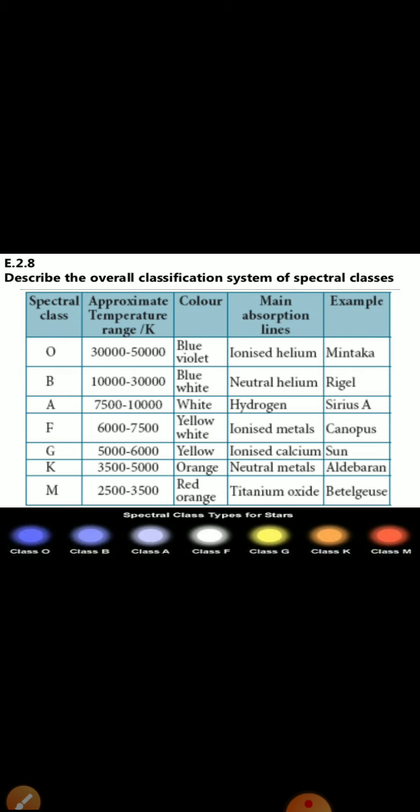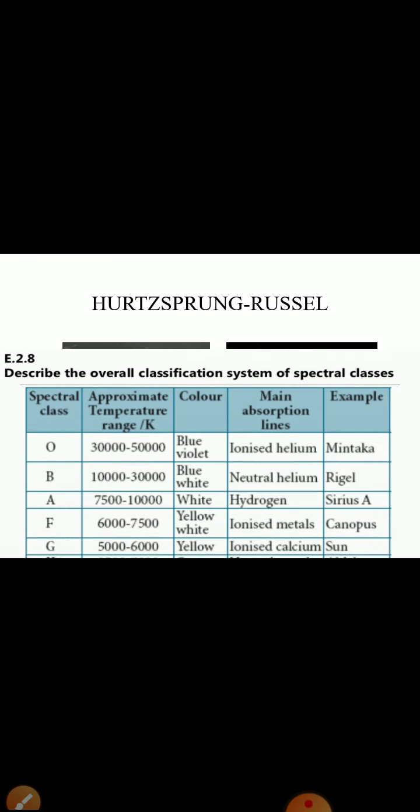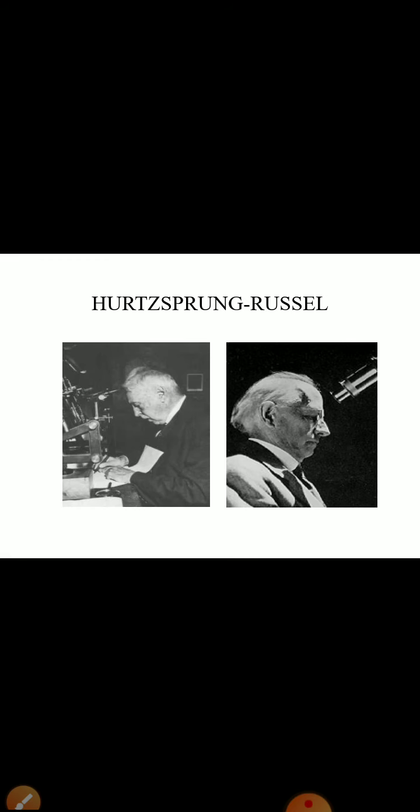For that you need to use one trick, that is: "O, be a fine girl, know me." This is the method by which we can very easily remember the different classes of stars. Next, we shall move on to the Hertzsprung-Russell diagram.